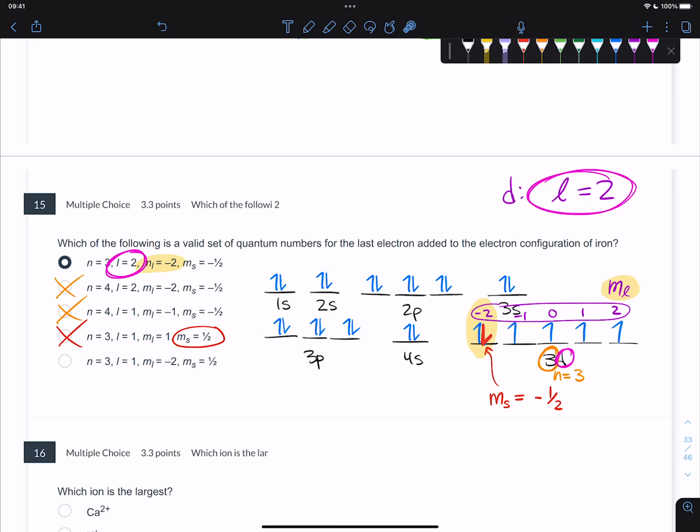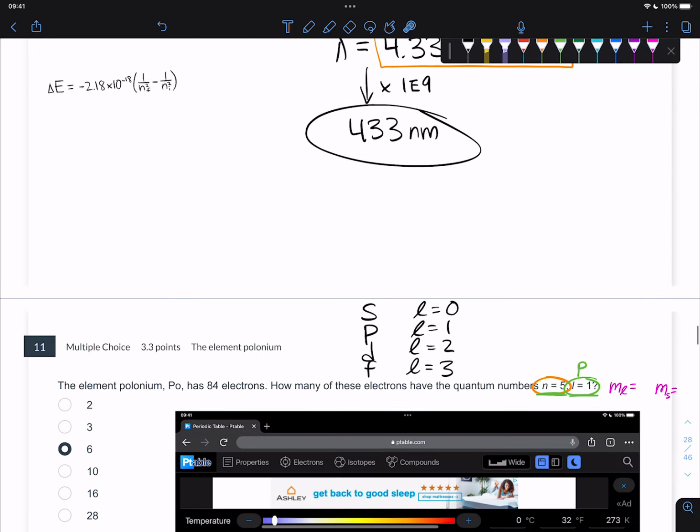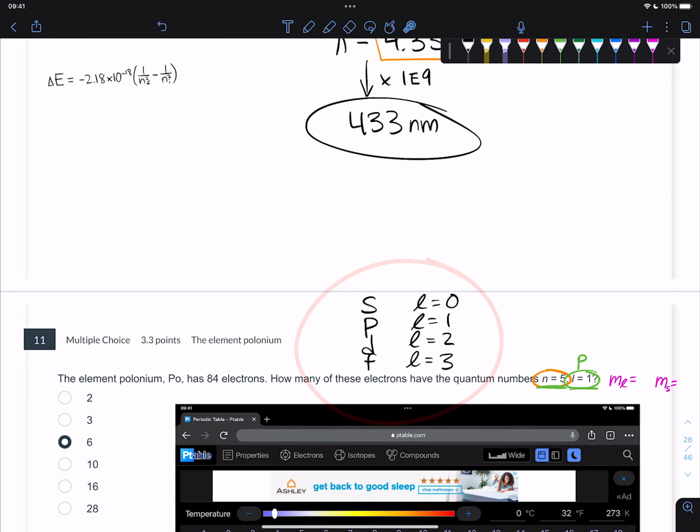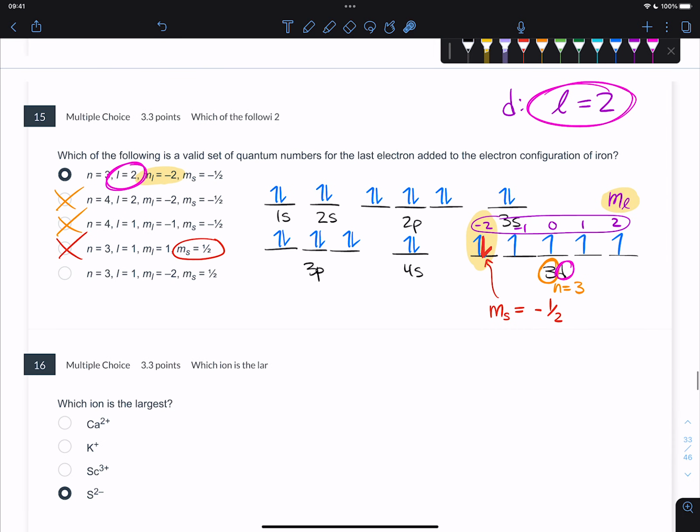As a quick review, N equals 3 tells us that it's in the third principal level, and it is. L equals 2 tells us it's in the D orbital, and it is. I just recommend you memorize that because that makes it easy. So because it's in the D, L equals 2.